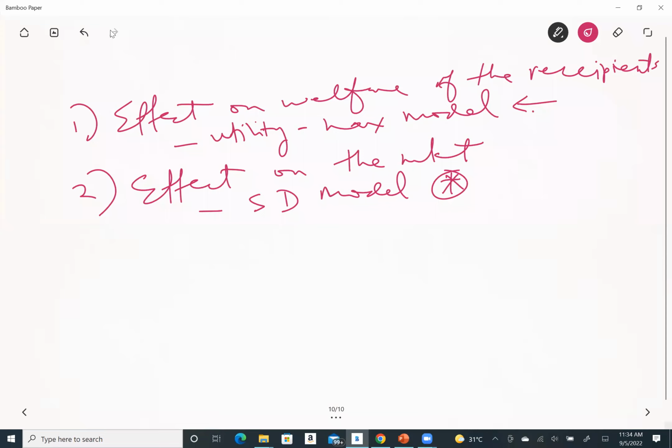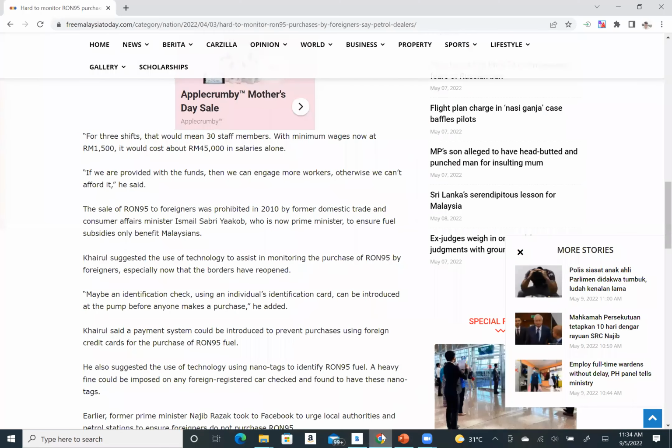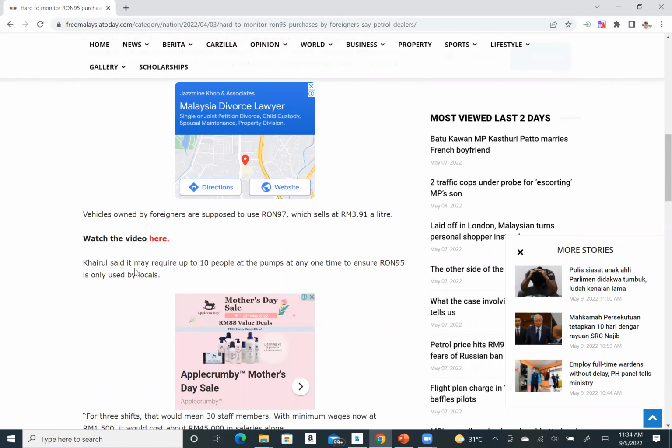Just before we go into this theoretical perspective, I want to show you a real subsidy. One of the more important or large expenditure subsidies is the fuel subsidy.